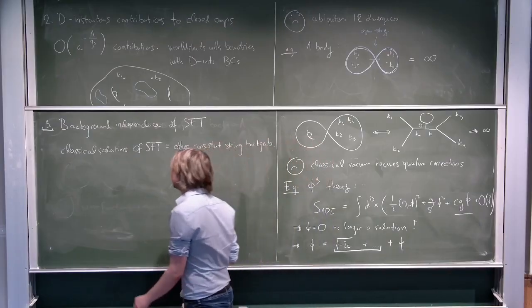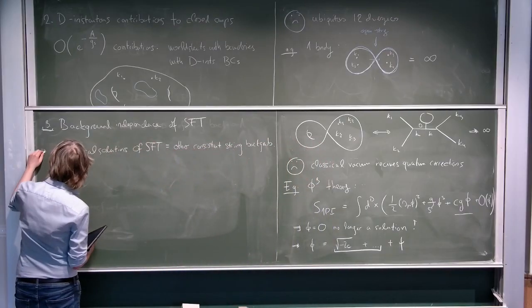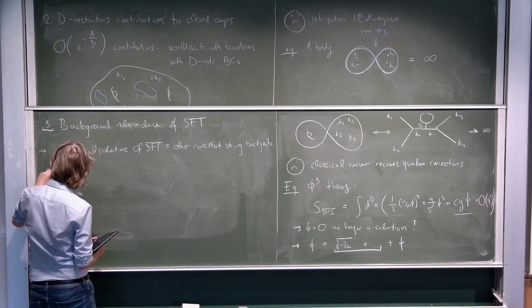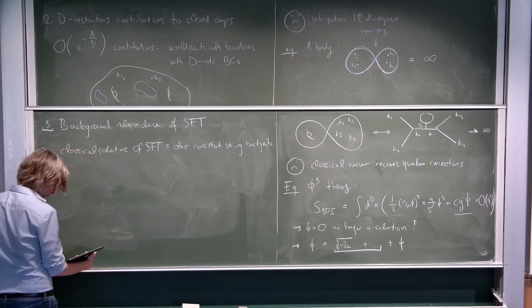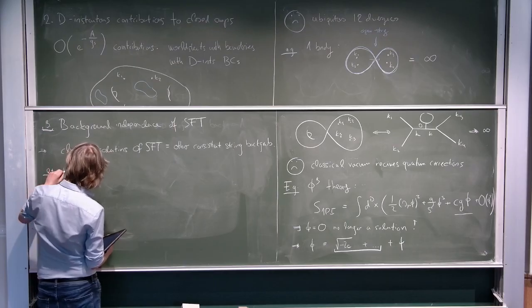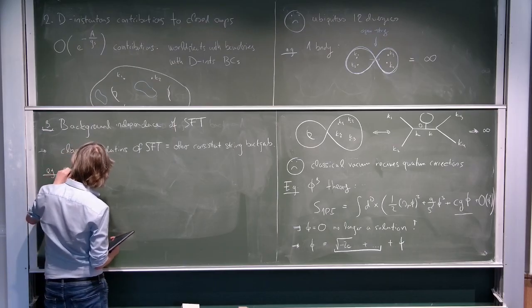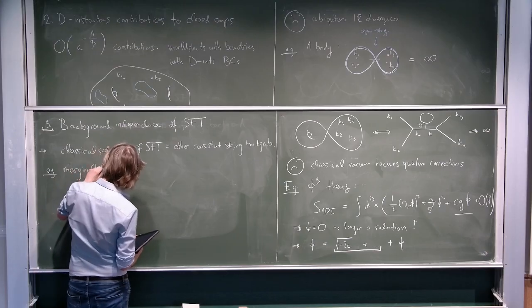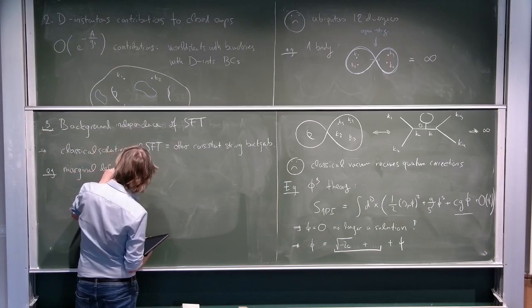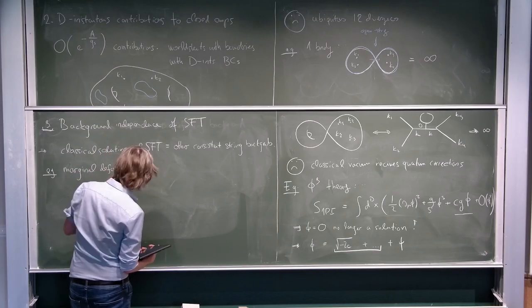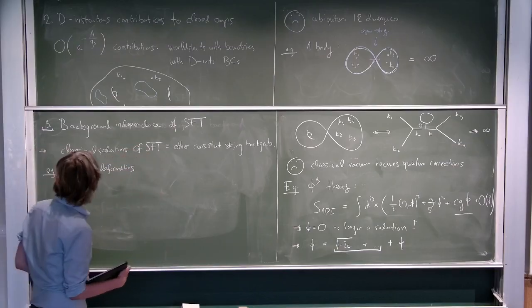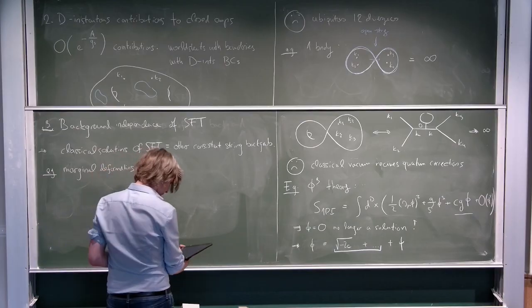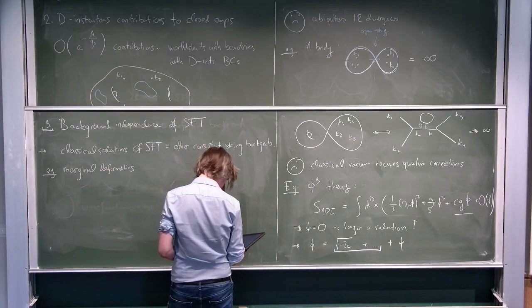So to give you some examples, again going back to what I've already discussed to some extent, there are the marginal deformations, which arise whenever the background around which I formulate my string field theory contains some moduli.